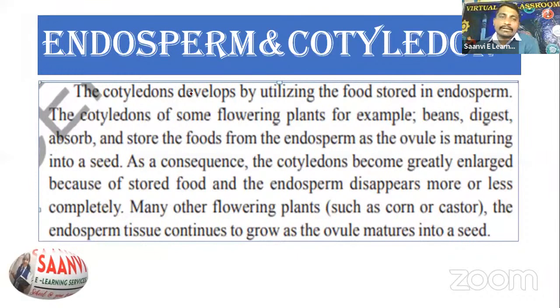Here, endosperm and cotyledon. Endosperm is nothing but a tissue. After double fertilization, in the ovule, by the mitosis process the cell division will take place and the ovule rapidly increases in size. Due to this, endosperm will form.